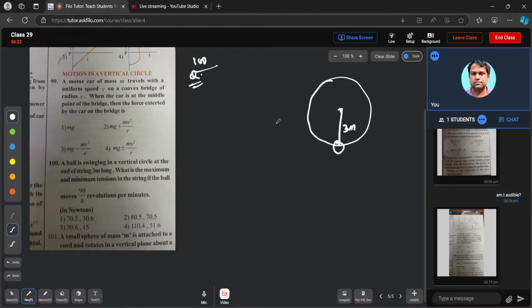Why? So you are saying potential energy. So how do you calculate tension here? What is the equation?